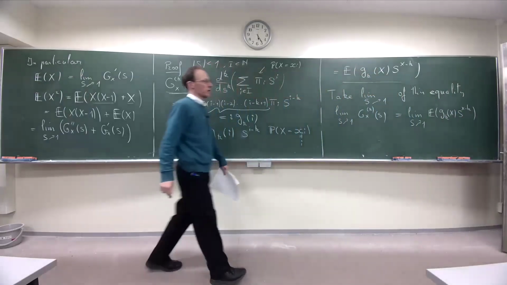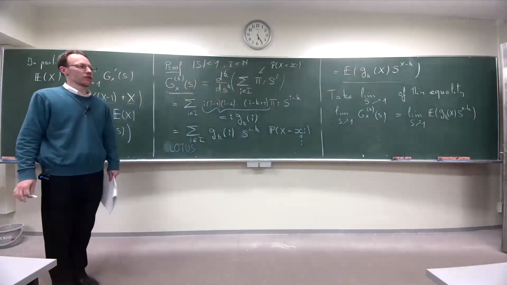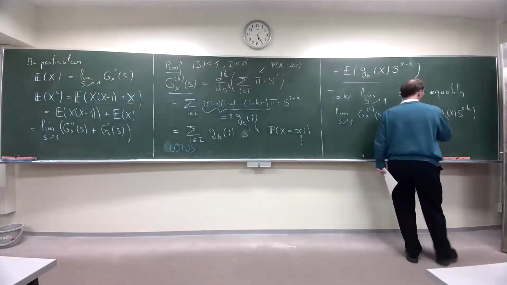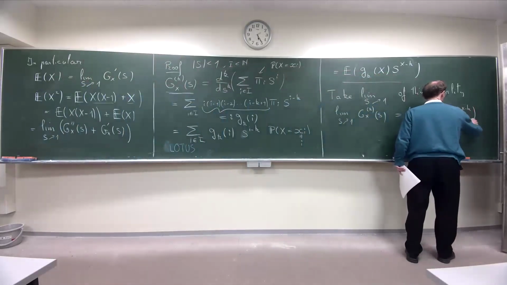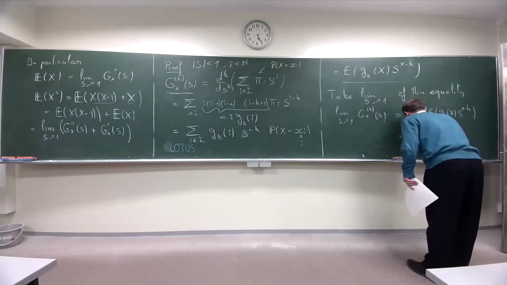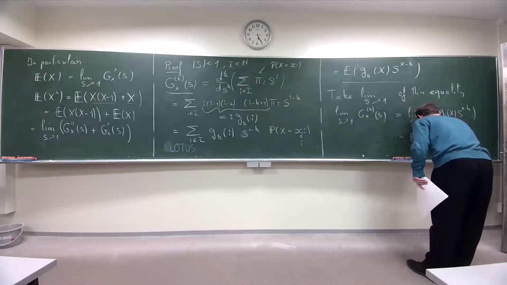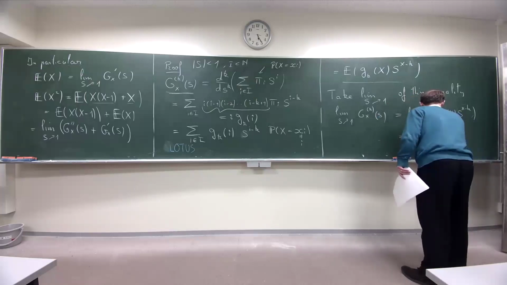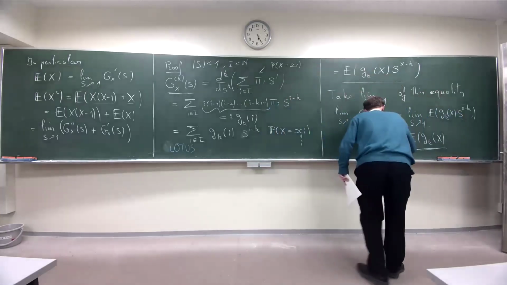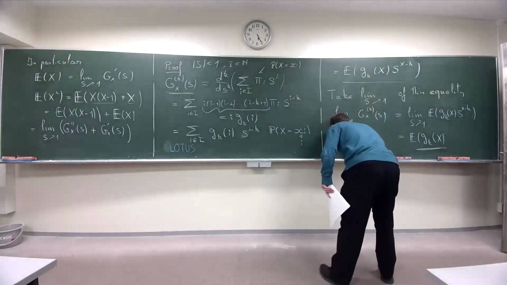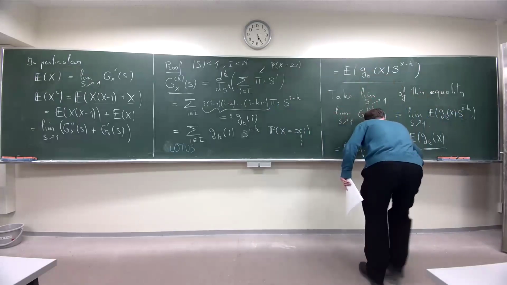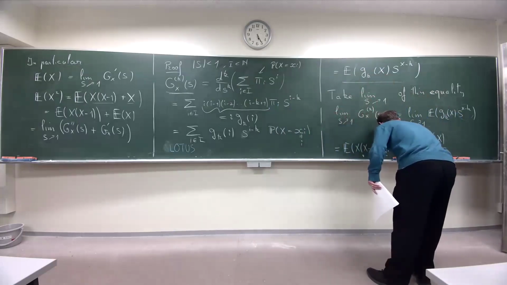And what you observe, formally, if you can exchange the expectation and the limit, when s is 1, this term disappears. This is the expectation of this function of x. And this function of x is precisely the one I had written in the statement: x times (x minus 1) up to (x minus k plus 1).